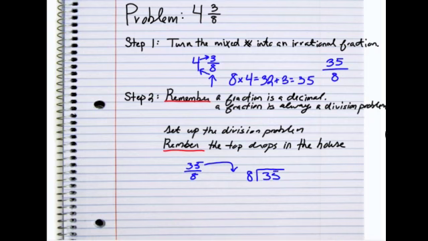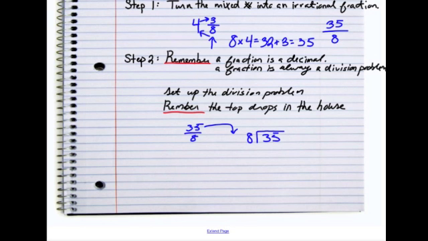Step 3 is to simply divide. So 8 goes into 35. 8 cannot go into 3, but 8 can go into 35 4 times, and 4 times 8 is 32, so I do my subtraction, and I have a 3.